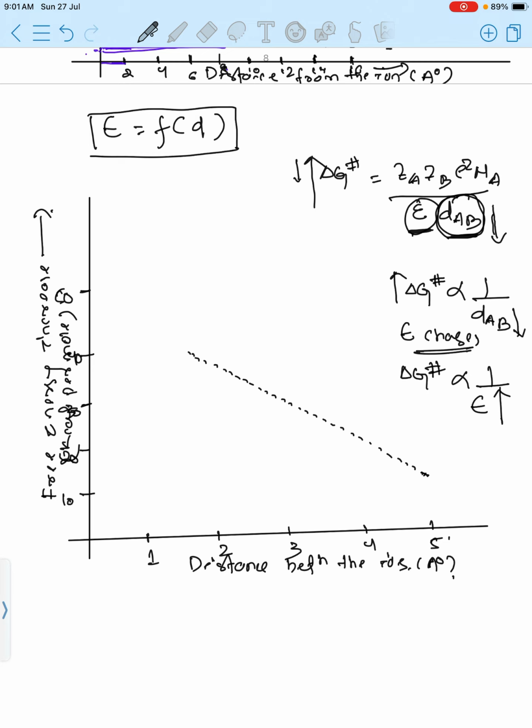But when the ions are made closer to each other, the solvent will experience more and more electric field. They can orient themselves in a proper direction. Therefore, slowly the dielectric constant value will decrease and the Gibbs free energy value will increase.